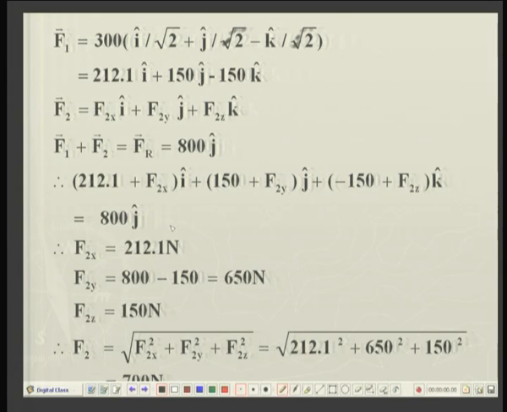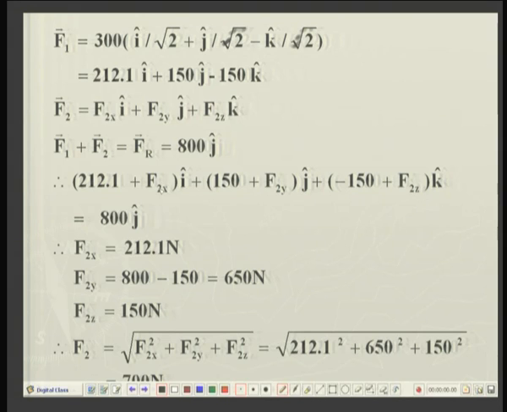All right. Now, this vector equation is equivalent to three scalar equations. That is, compare the i components with i components, which is 0 on this side, j components with j components, and similarly the k components with k components.